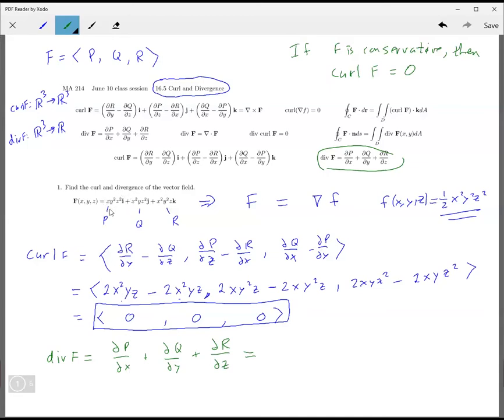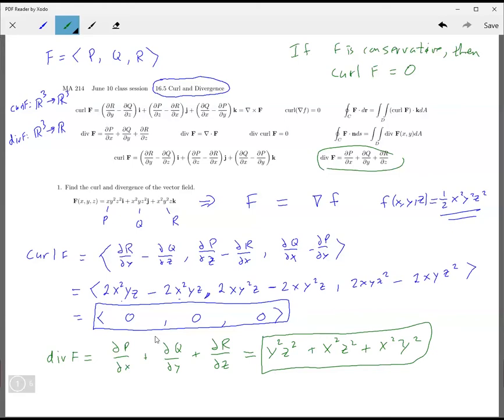Back here again: y squared z squared. Then partial of Q with respect to y: x squared z squared. And then partial of R with respect to z: x squared y squared. Good. So that should be the divergence right there.